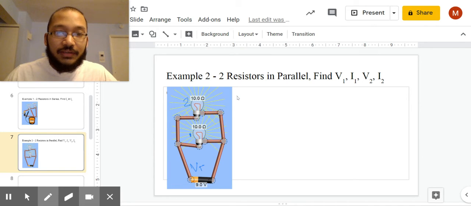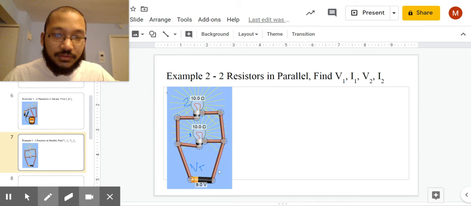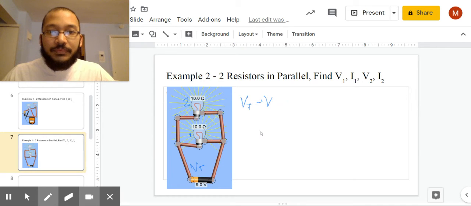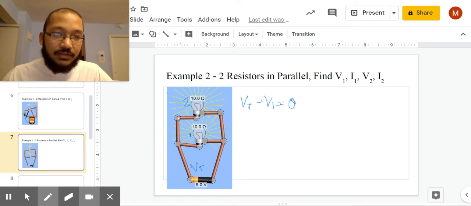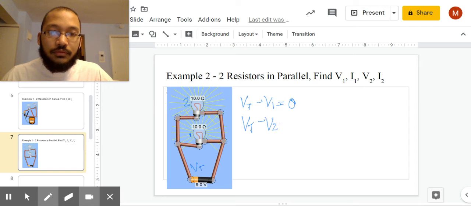If I'm to write out the loop rule, I start here, plus VT minus V1, and I'm back to 0. So VT minus V1 equals 0. I could also write out the other loop, and that is plus VT minus V2 is equal to 0. So from this, I'm also seeing that V1 and V2 are equal.